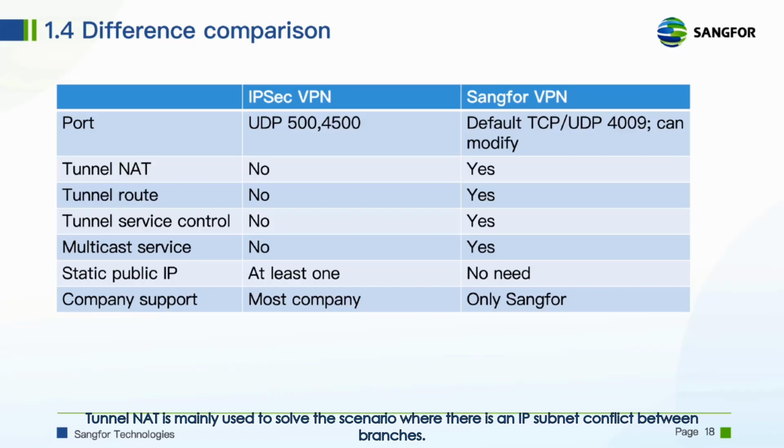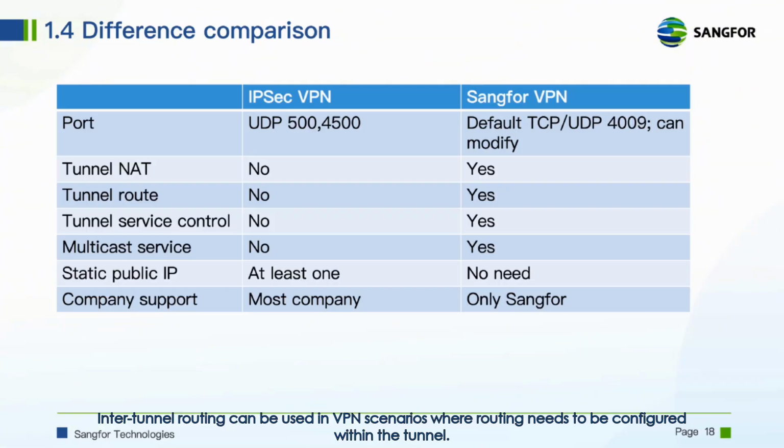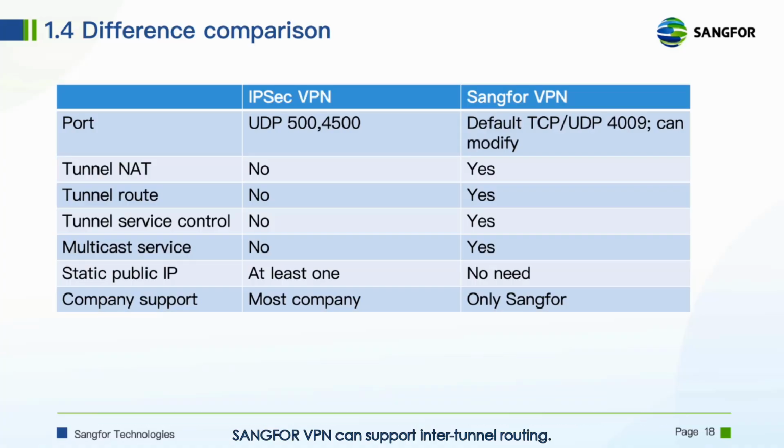Tunnel NAT is mainly used to solve the scenario where there is an IP subnet conflict between branches. We can use NAT in the tunnel to achieve proxy access, but the subnet of the branch and the headquarters must not conflict. Inter-tunnel routing can be used in VPN scenarios where routing needs to be configured within the tunnel. Sangfor VPN can support inter-tunnel routing.